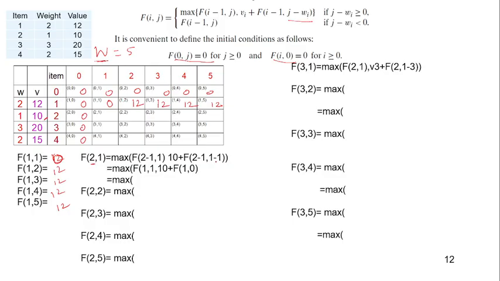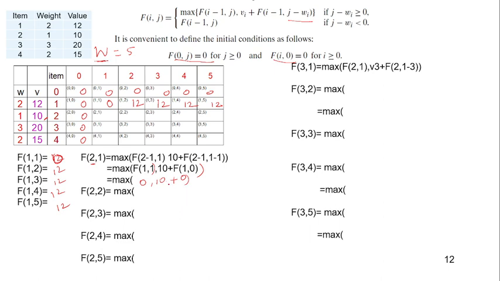Here j is 1, and the weight of this second item is 1, so 1 minus 1. So f of 1 comma 1, the previous one, 0, comma 10 plus f of 1 comma 0. f of 1 comma 0 is this one, 0.